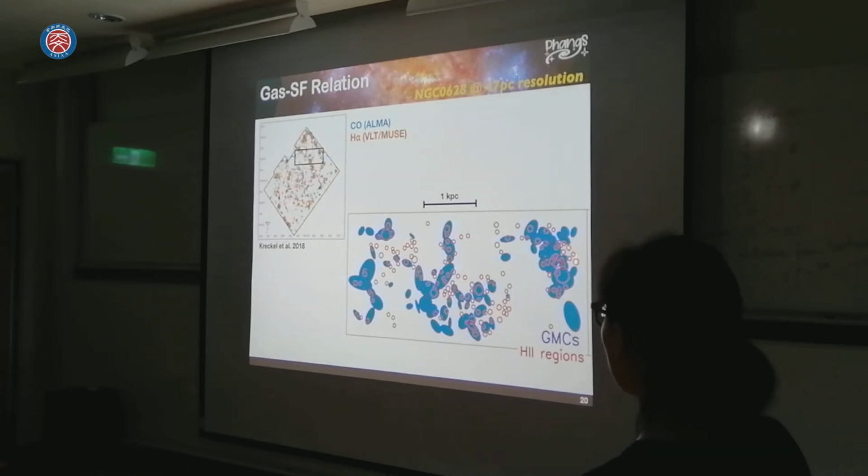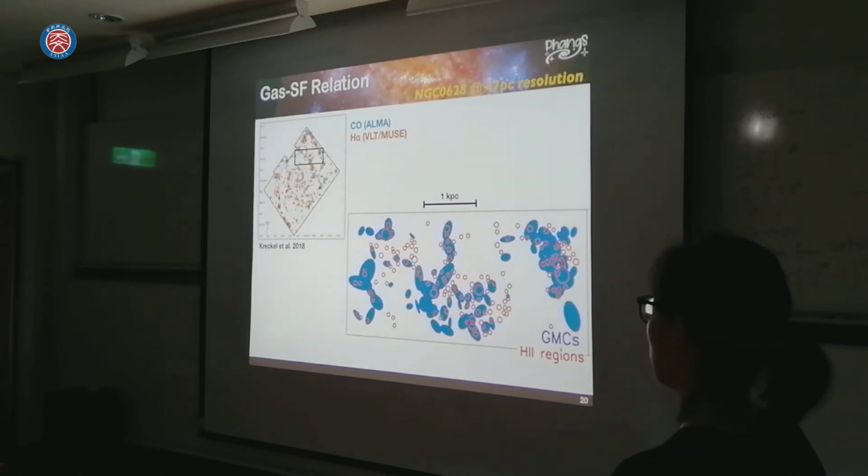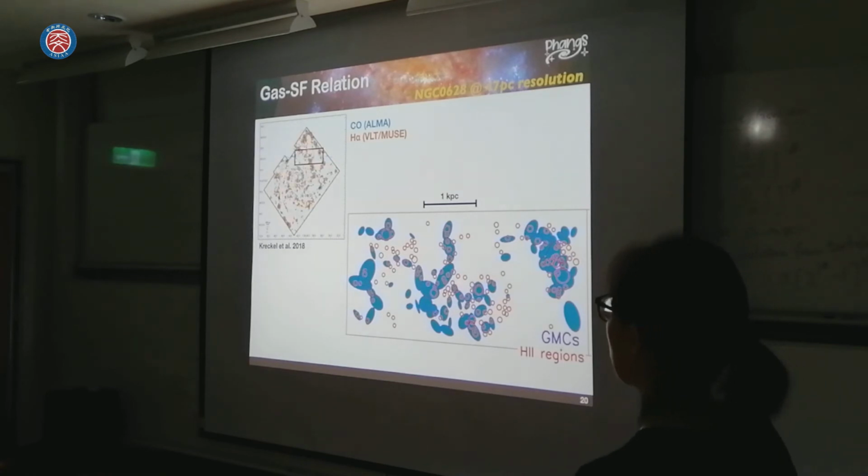The right figure here shows the identified H2 regions and giant molecular clouds in this rectangular region. I put a scale bar here. This is 1 kiloparsec, and the resolution is 47 parsec.